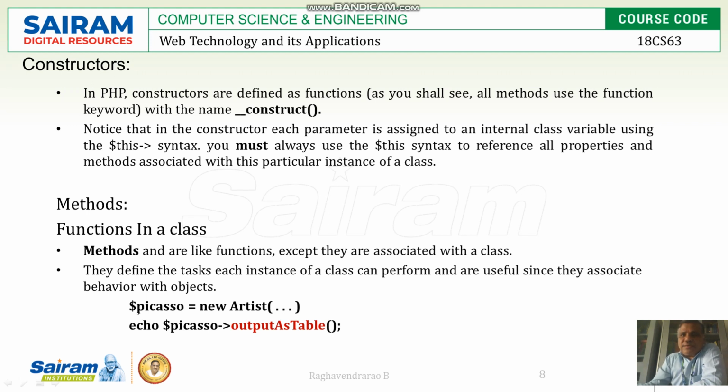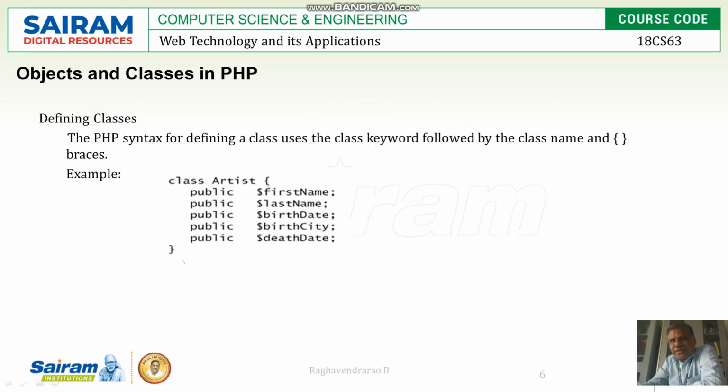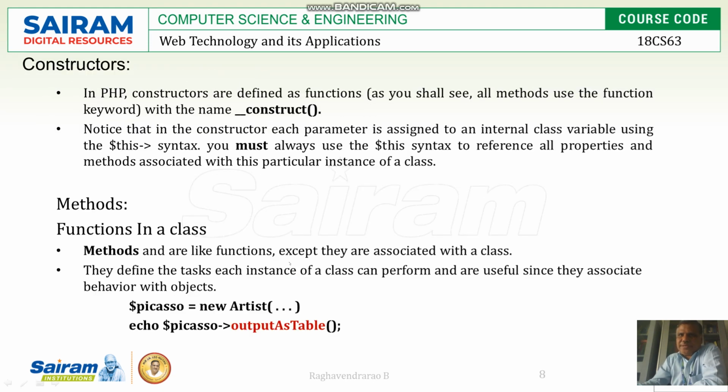Here Picasso is a new artist, so one object is being created over here. For that Picasso, the output table function is being called here. Like this you can call it, because this artist is already there. After this, the functionalities, the methods, you can write and use.